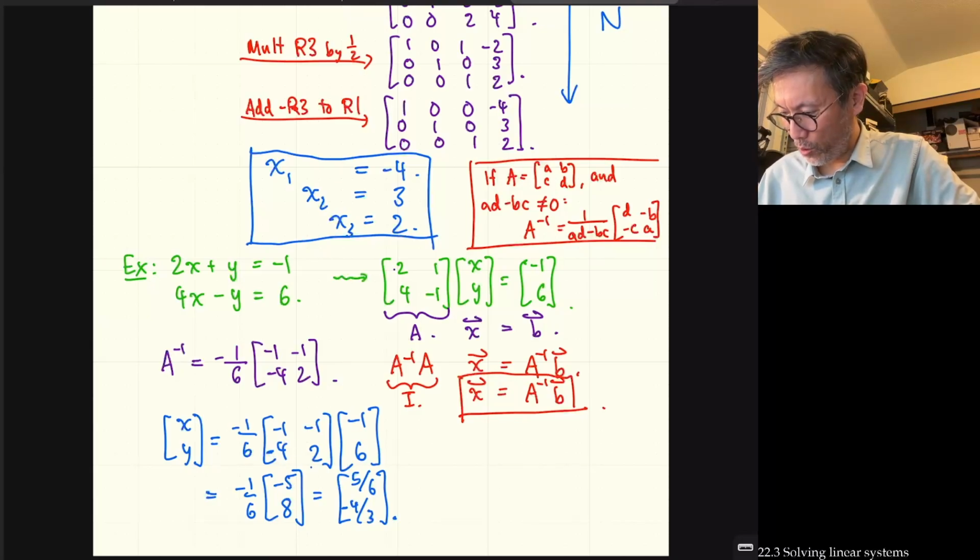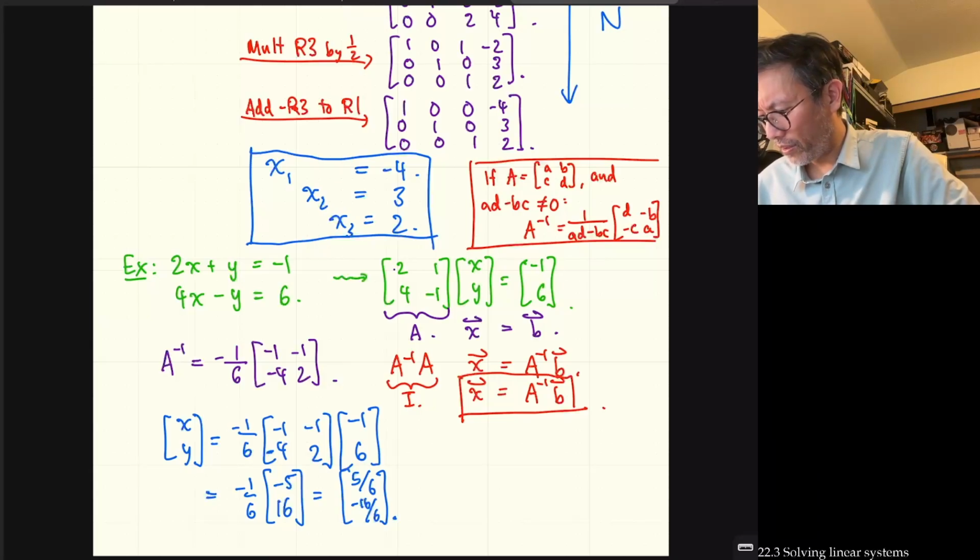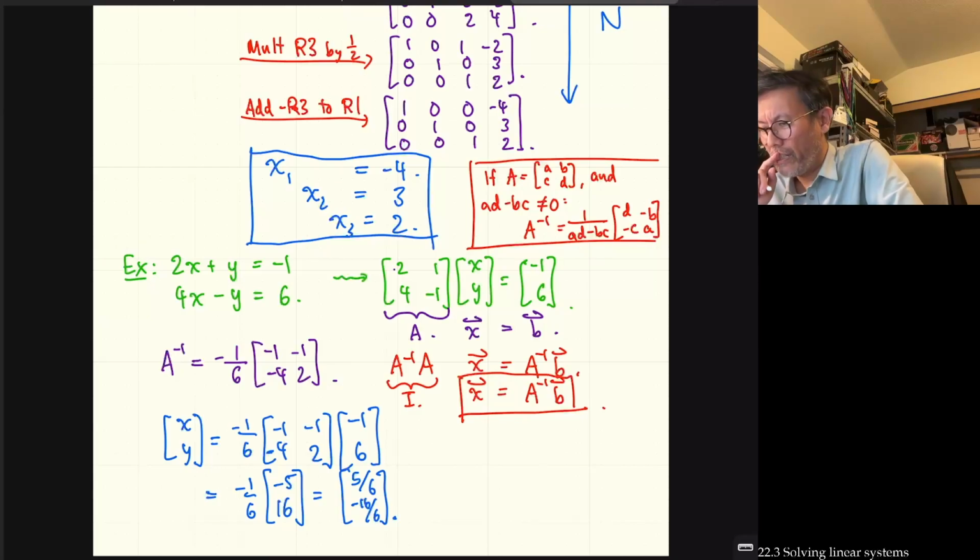But it should be 4 plus 12. This should be 4 plus 12, which is 16. So it should be 5/6 and then -8/3 or 16/6. Whatever. So does this work? Yes, this works now. Okay.